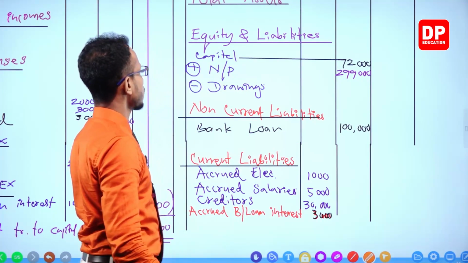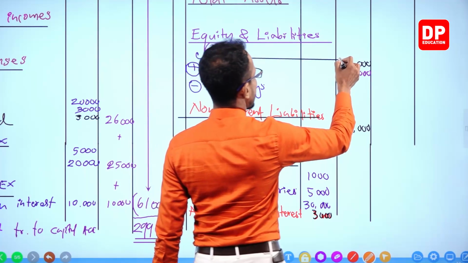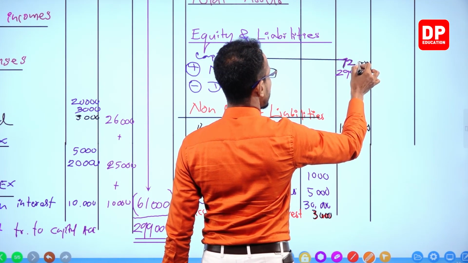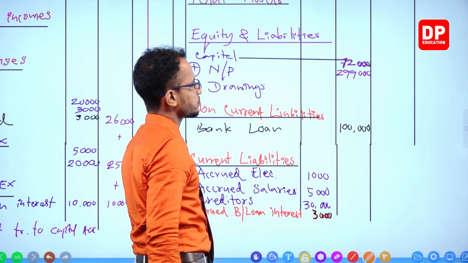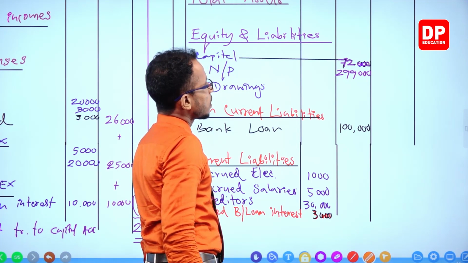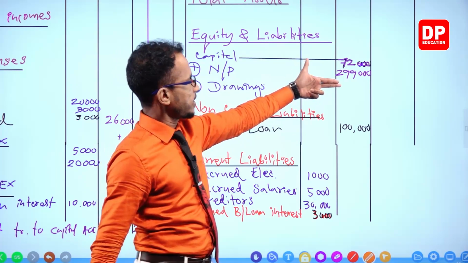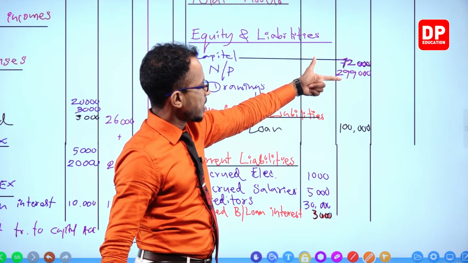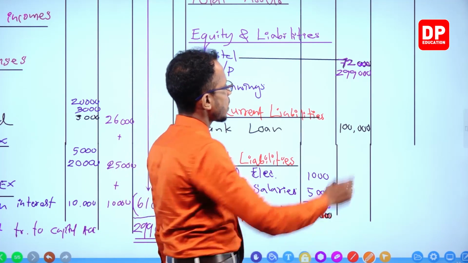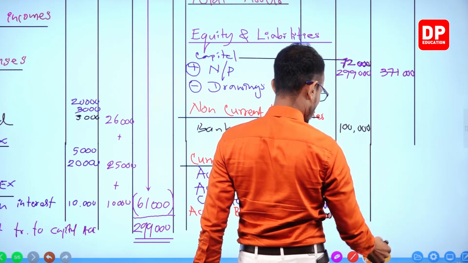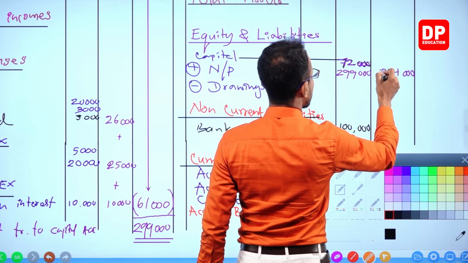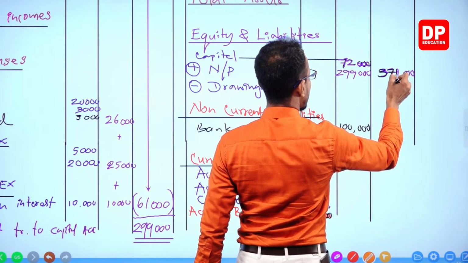Should add it to the capital, and the capital is 72,000 right here. Let's add 299 plus 72. 371,000.